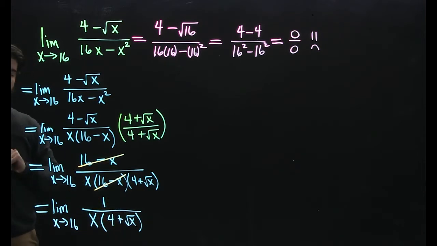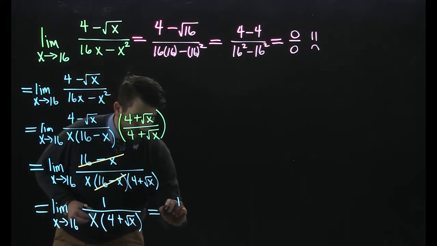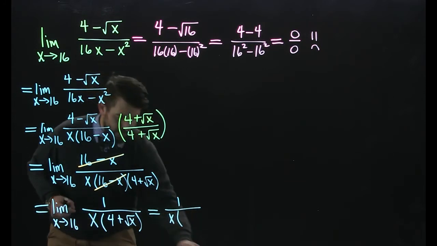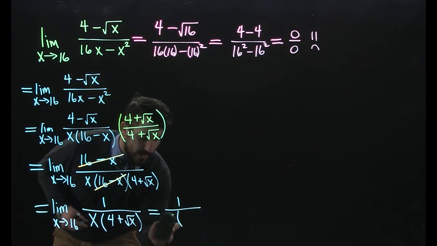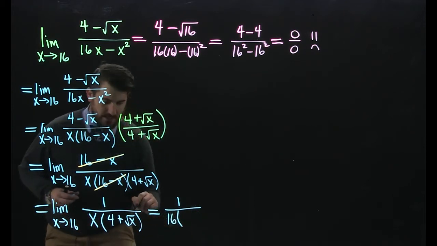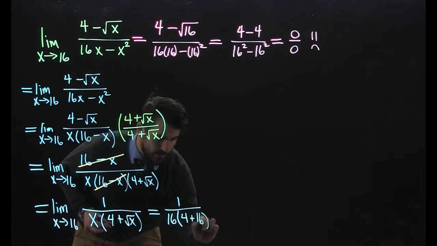We can reduce it down to this expression, and this expression I should be able to plug 16 into. So let's take a look. That's going to be 1 over x times, or not x, because we're going to actually put 16 in here. So 16 times (4 plus 16).